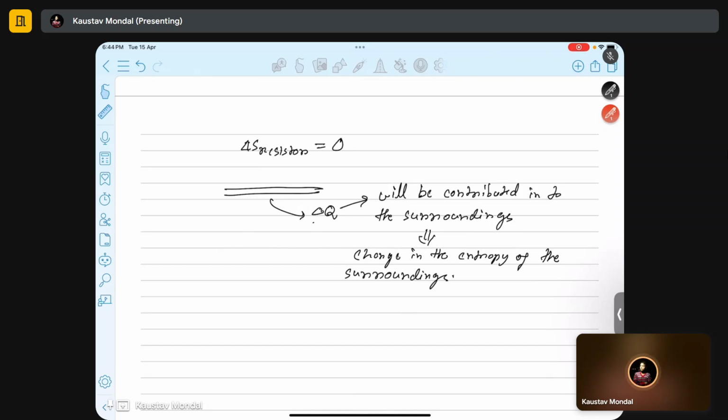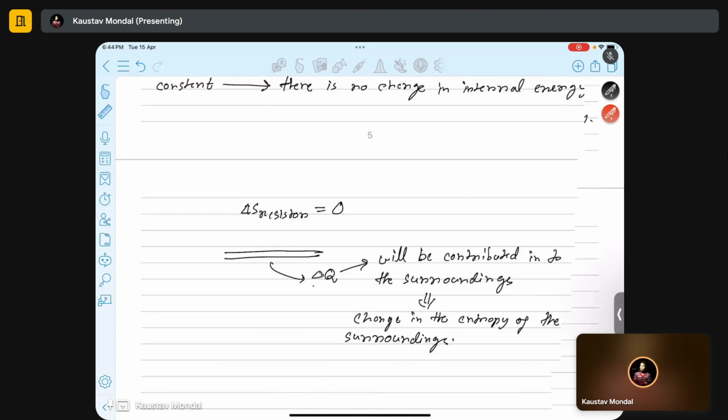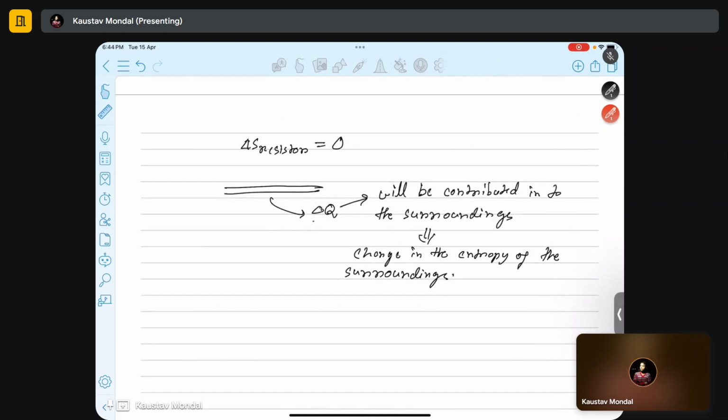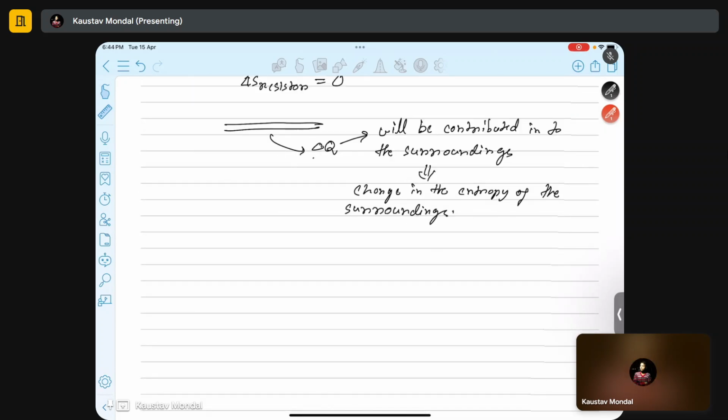This is the important thing to consider here. Now this dq will be contributed into the change in the entropy of the surroundings.